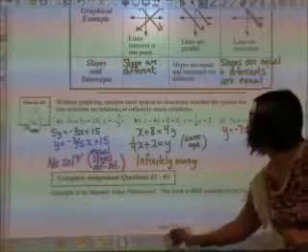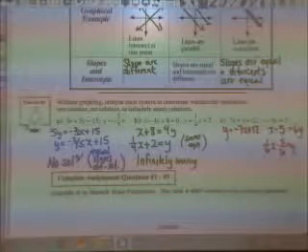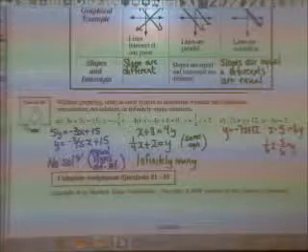Throw the 5 over to the other side to make it negative. Divide by 6. Equals y. So we can see that our slopes are different. And because the slopes are different, there's one solution. And the reason for that is there are different slopes.